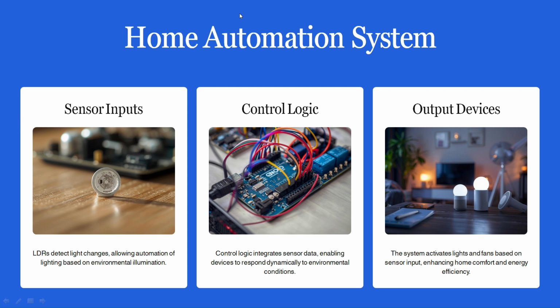In the home automation project, the LDR sensor detects the light, and the control logic integrates the sensor data, enabling the device to respond dynamically to environment conditions. Third is the output device. The system activates lights and fans based on the sensor input, enhancing home comfort and energy efficiency. That is all about the home automation we learned.